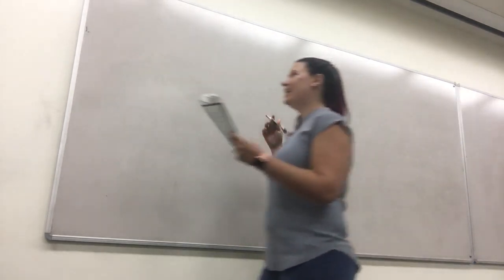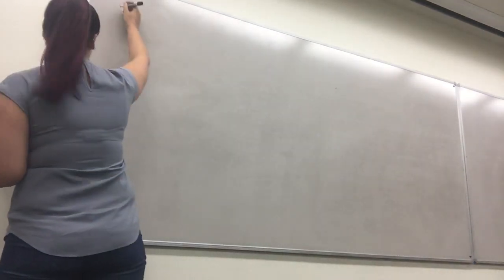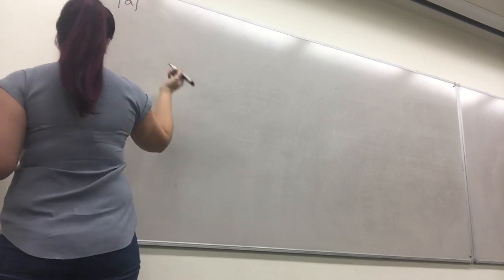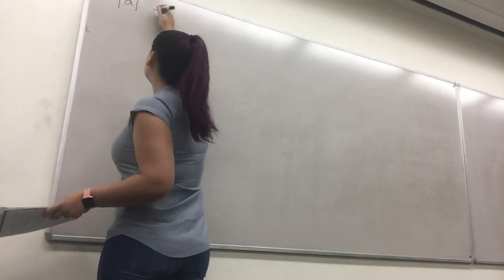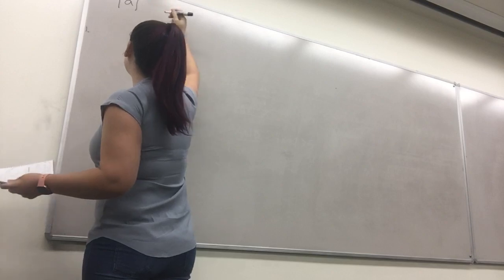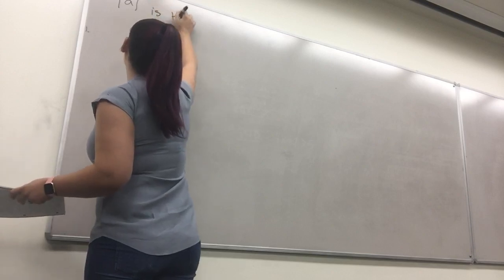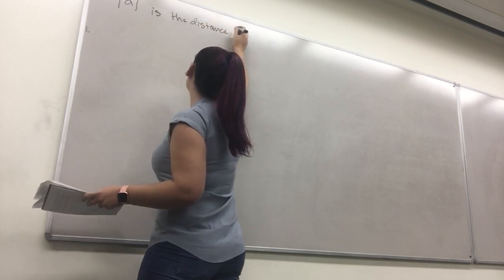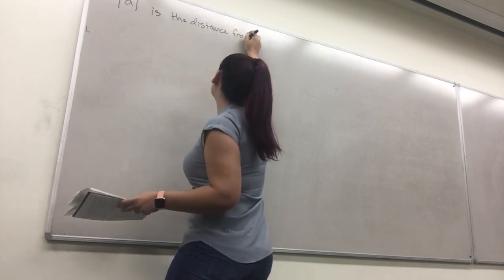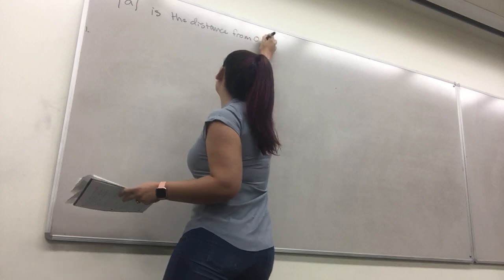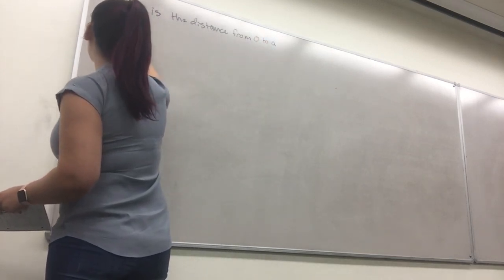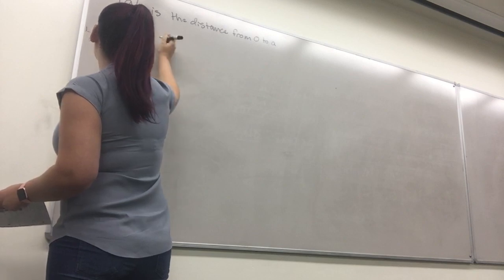So the definition of an absolute value is if we have the absolute value of A, that is just the distance from 0 to A. So you could have negative A or A, right?